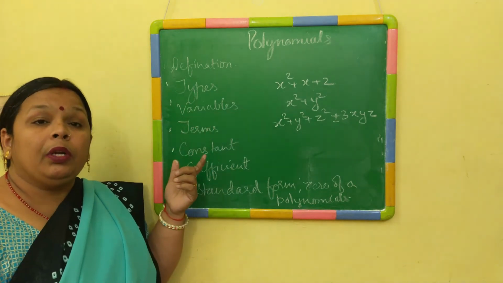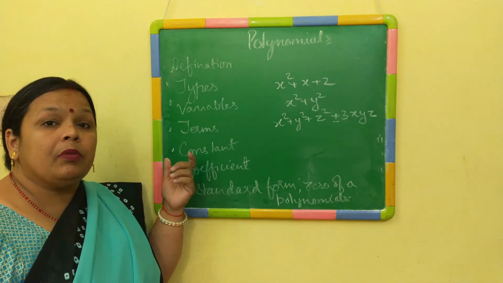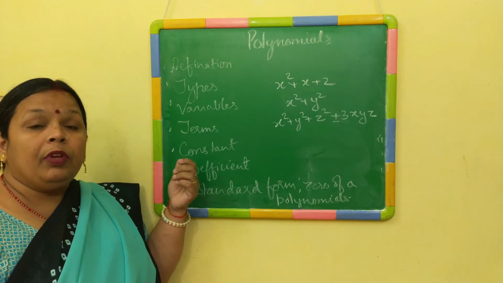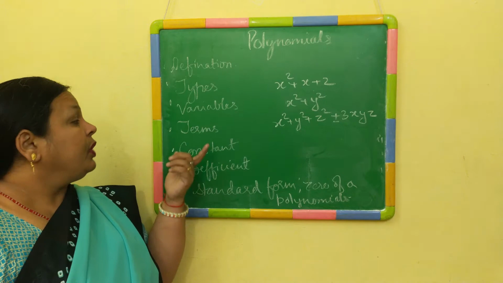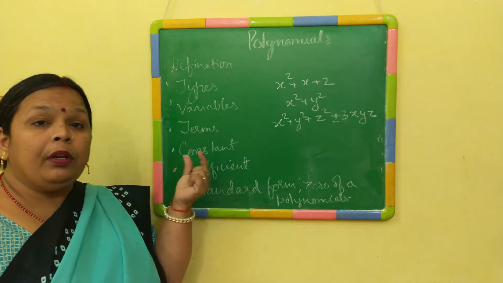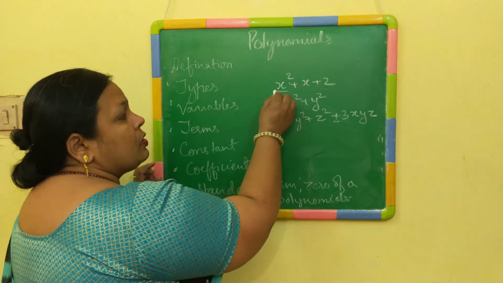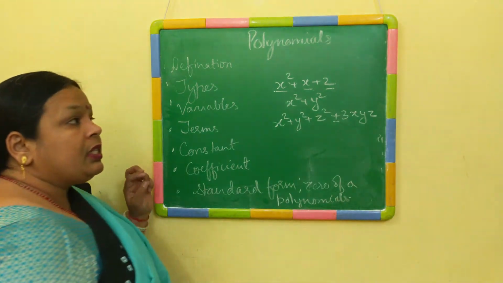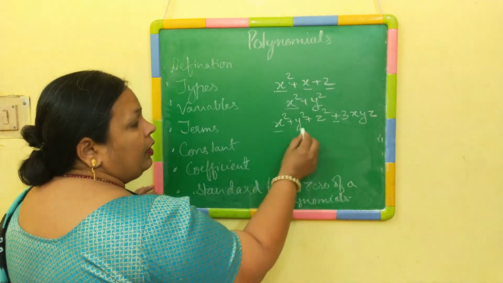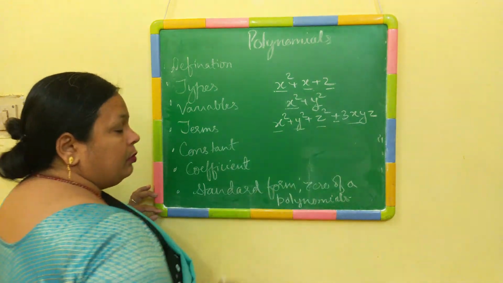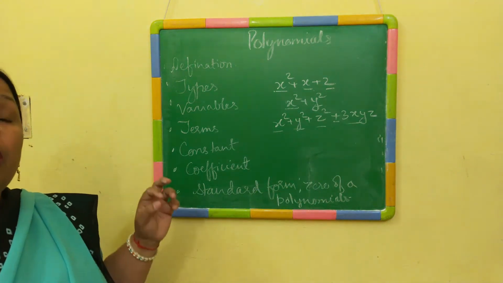Now, what is a variable? A variable stands for a value which keeps on varying. We can allot different values and it will change the answer. Terms are each independent part which we are using, like x square, x and 2, these are the three terms. Here we have two terms. Here we have 1, 2, 3 and 4 terms. What is a constant?